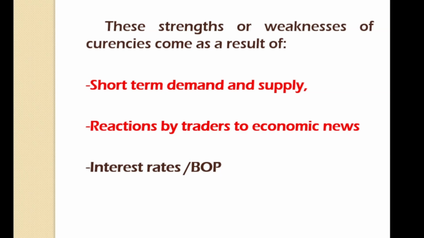The strength or weakness of the currencies comes as a result of short-term demand and supply, reactions by traders to economic news, interest rates, and the balance of payment position between the two countries whose currencies are involved in the trade.